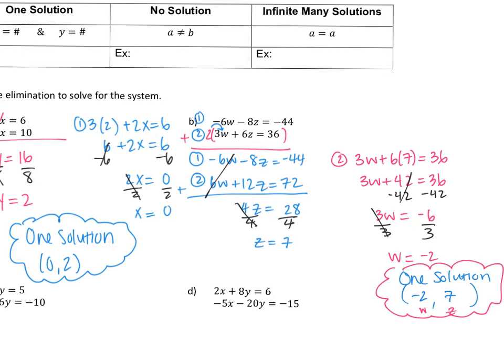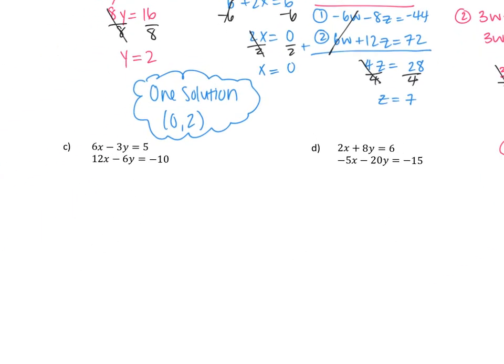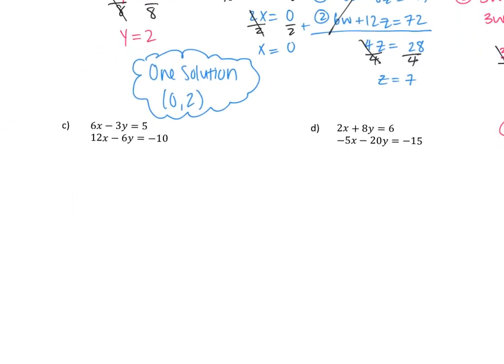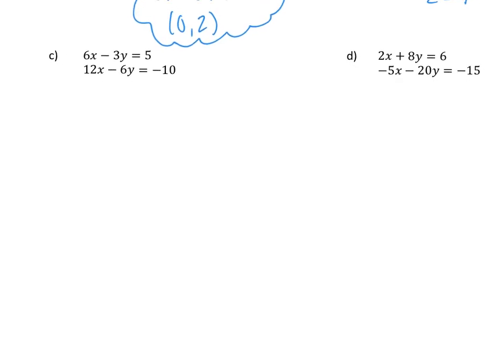Okay, so let's move on to the last two here, which are the weird ones, but let's go ahead and do them. So for C here, I have two equations, and I need to try to cancel out one of the variables. The x's and y's are already lined up, so if I had to choose which variable to cancel, I can't go wrong with either of them.